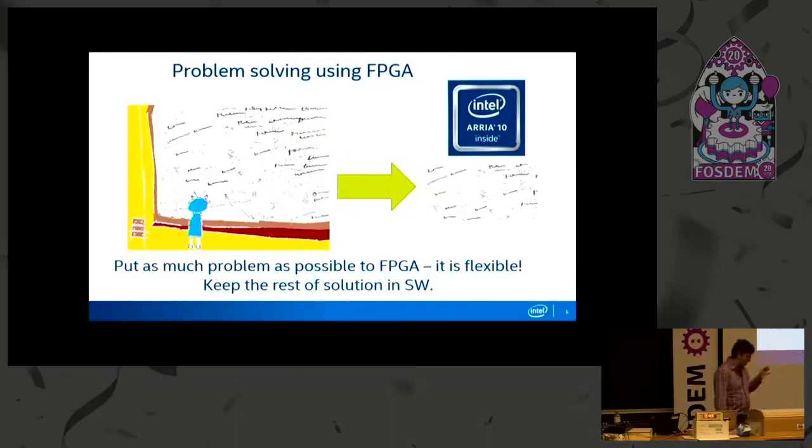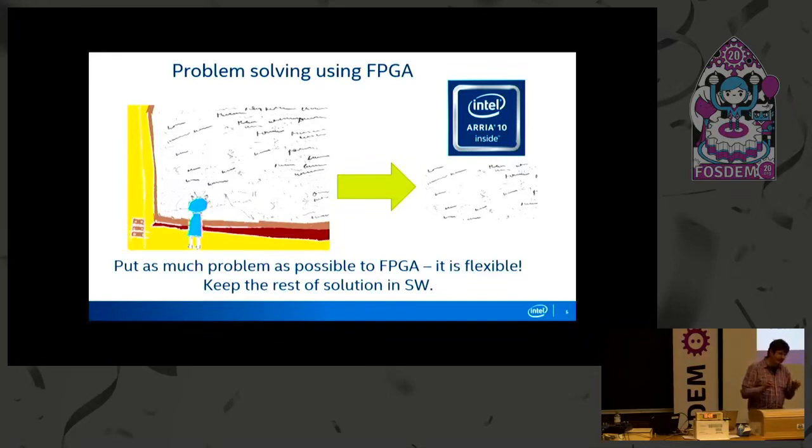This is an example of your problem. You are the engineer or the designer, and you want to find some issues or make sure that your system, which is very, very complex, is working correctly. Don't try to put everything inside the hardware. Don't try to put all the problem or the complexity in the hardware. Today it is impossible.